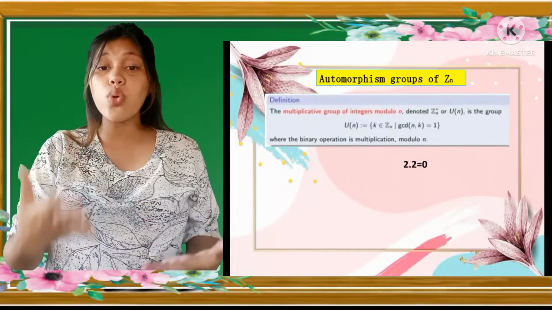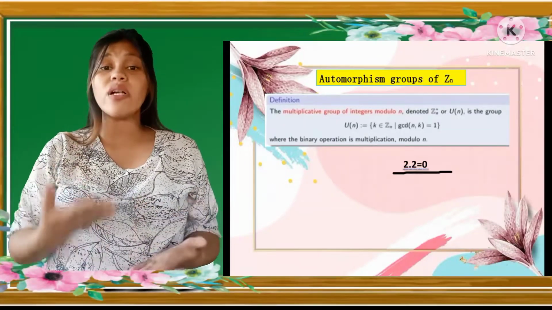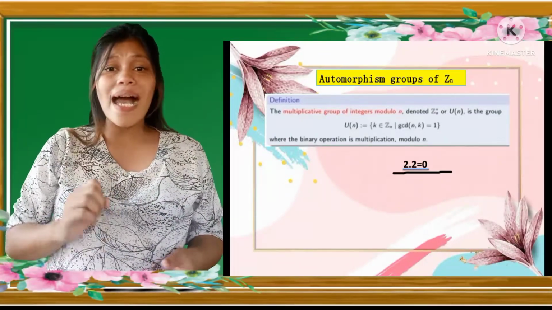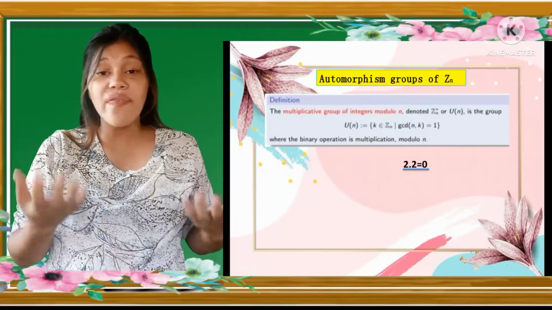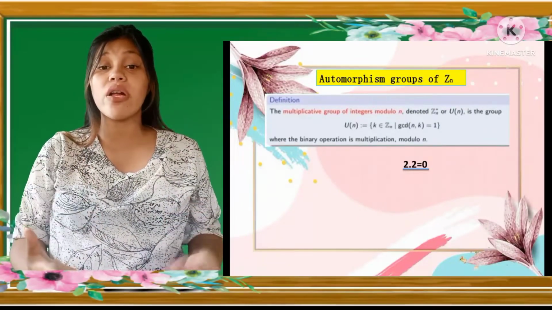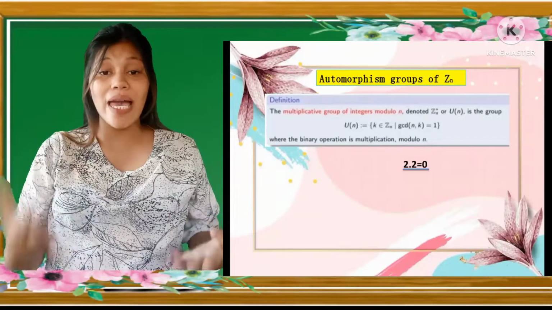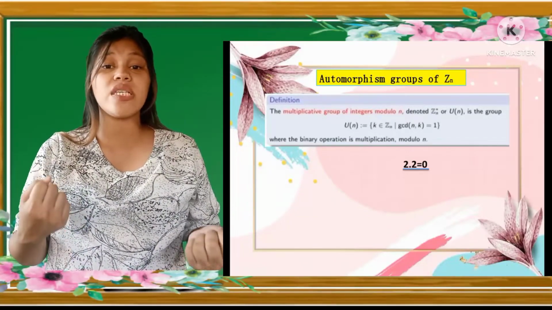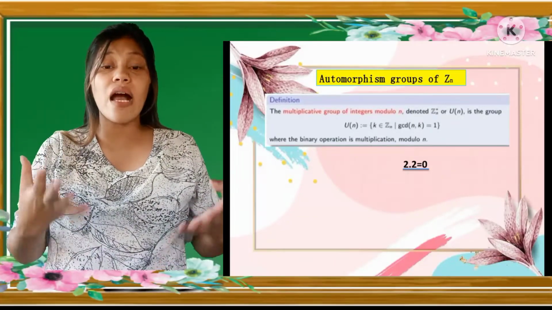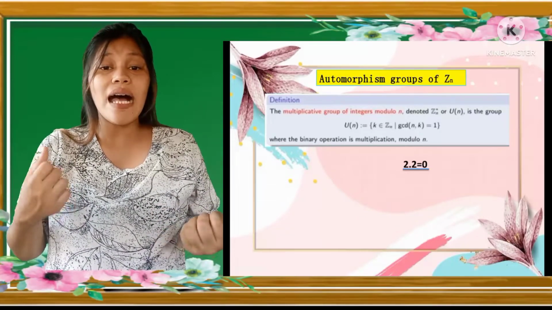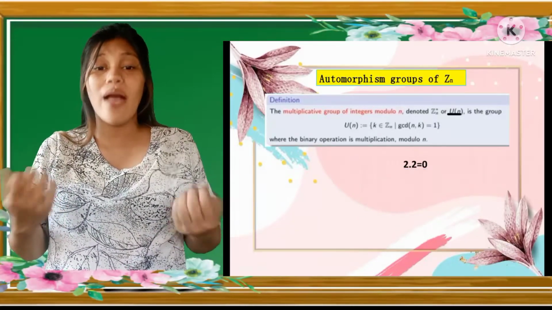We might have 2 times 2 equals 4, which is 0, and that is not allowed. If we only take the numbers that are relatively prime to n, we never have this issue, and we actually have a group. And so we denote that as Un.